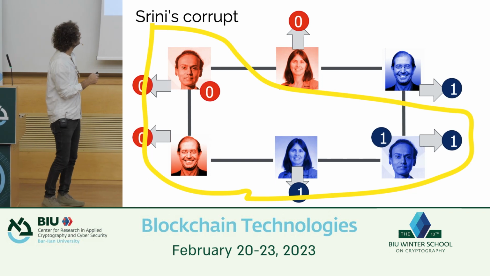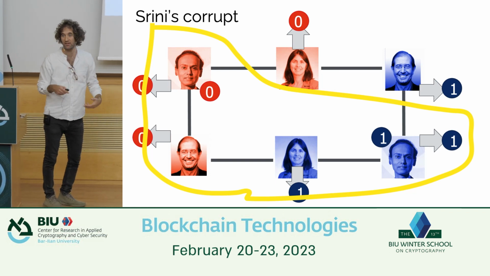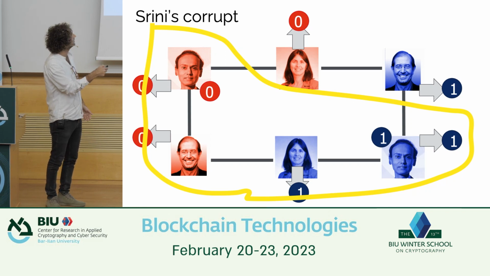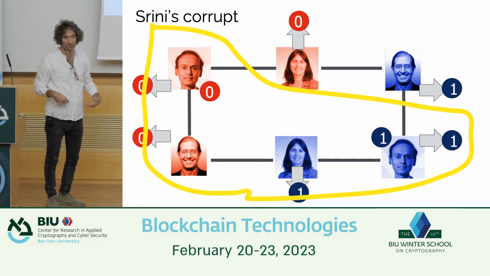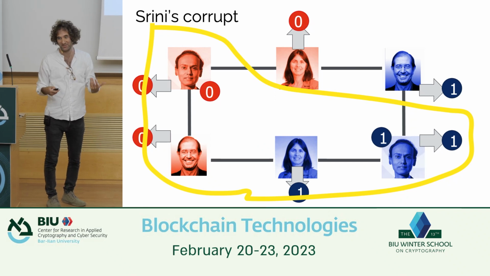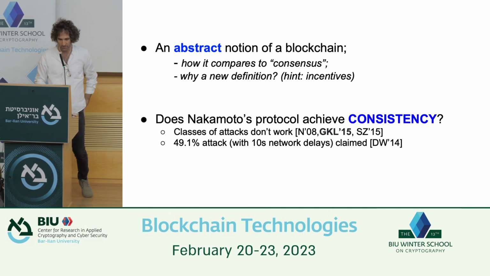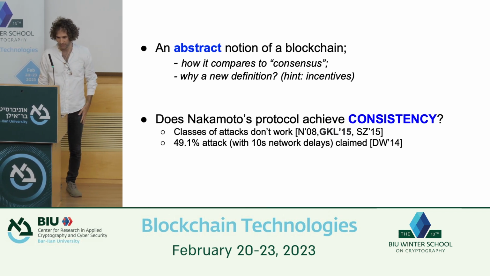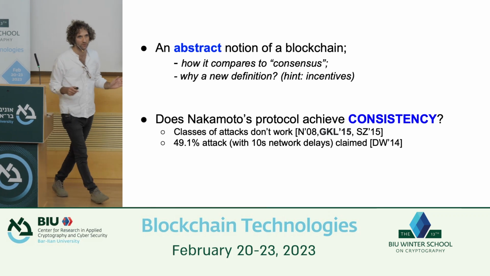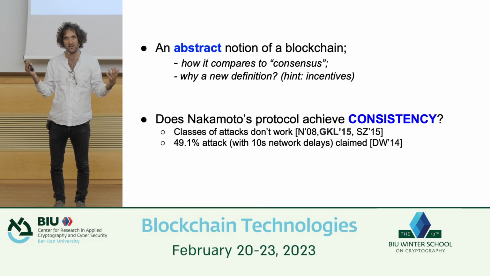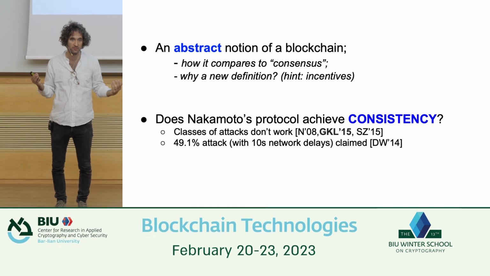Okay. And the next thing to point out here, the reason this doesn't work if you have public infrastructure is that Srini cannot simulate these two guys, because they cannot generate messages if I don't know your secret key. So that's why this only works in the authenticated model. Okay, so what we're going to do now is first, I'm going to provide to you an abstract model of what a blockchain is.